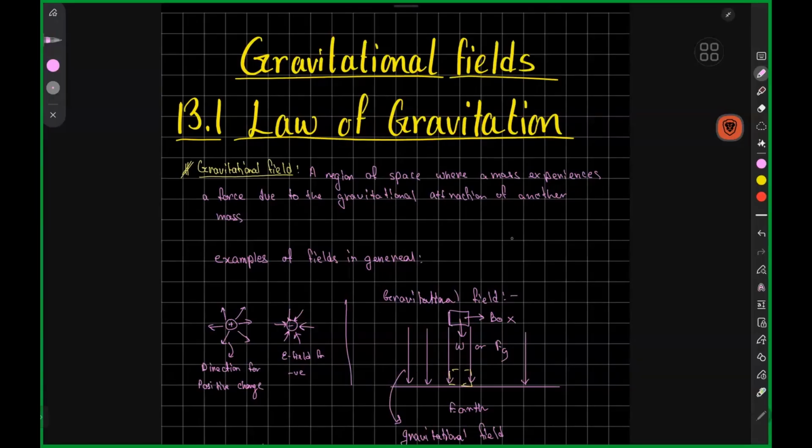So if there is any random object over here, it doesn't matter what it is, a charge, just a mass, a magnet. If it has mass m, it will have something called a gravitational field. It will have a pull force. It will have a tendency to pull things or objects towards itself.